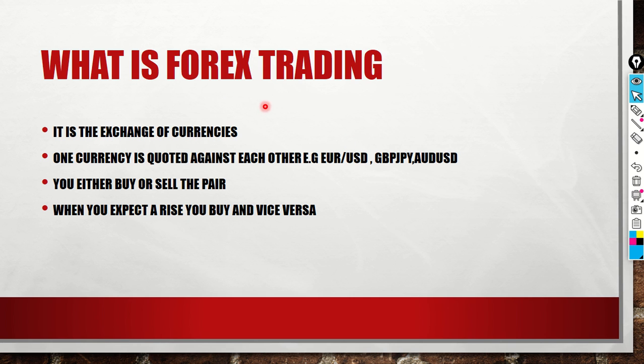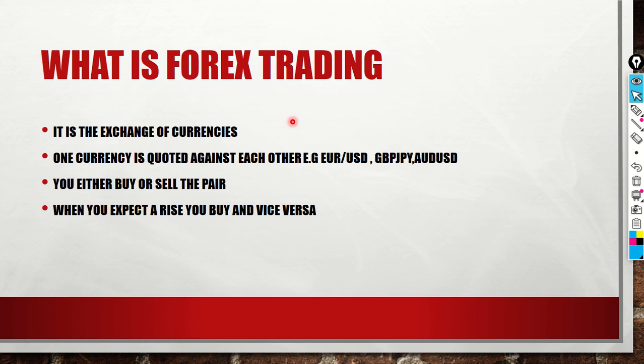So the question which will come is, what is forex trading? Someone might want to know, what is forex trading? Forex trading is basically the exchange of currencies. So you have one currency, you buy another currency, which means you are selling your own currency.